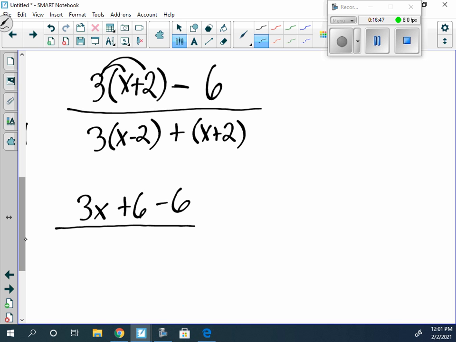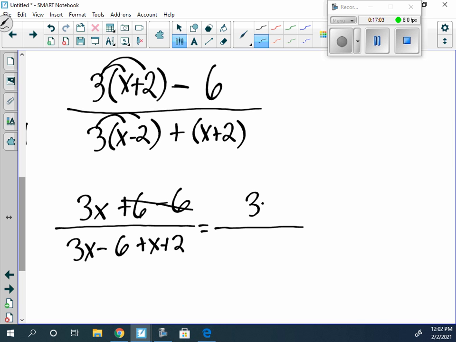Let's look at the bottom. We'll do the same thing. 3 times x is 3x minus 6 plus x plus, well, the 6 minus 6, those are gone, leaving us with 3x. So now that's finished with the numerator, the denominator.